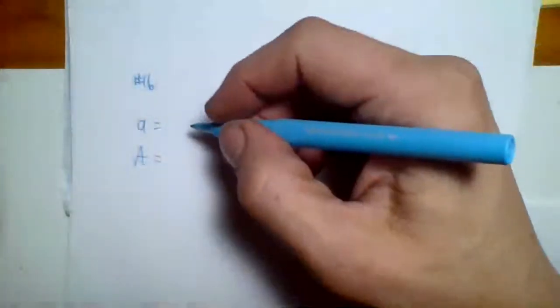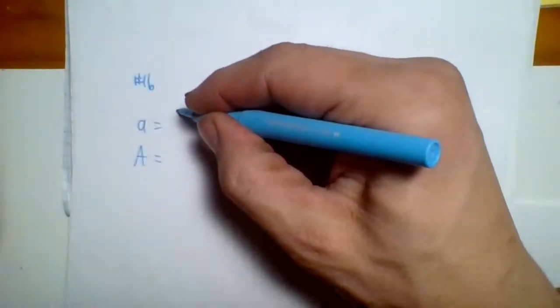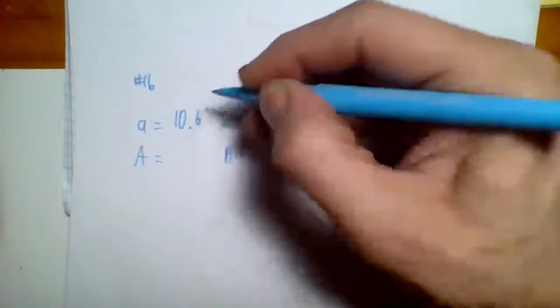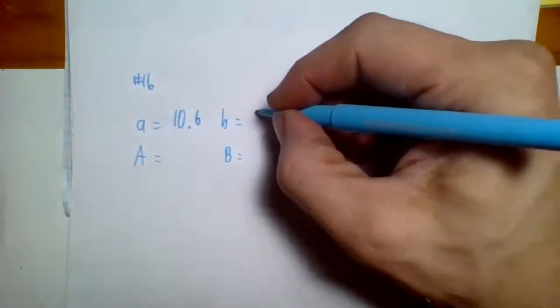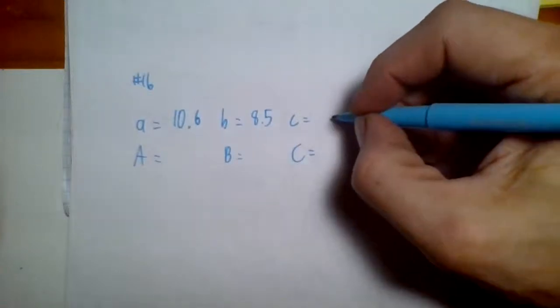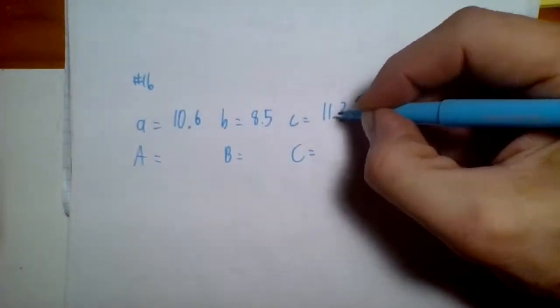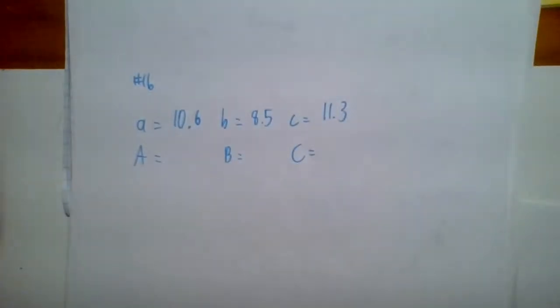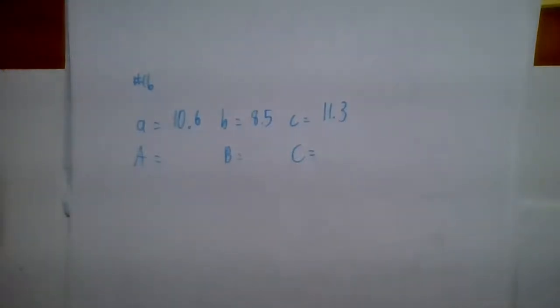Number 16 in the book is one that has this situation. A is 10.6. I didn't put any units on it, so whatever the units are doesn't really change anything. B is 8.5. C is 11.3. So if you had three sticks that were those lengths, you could form a triangle with them, and there's really only one way to stick them together.